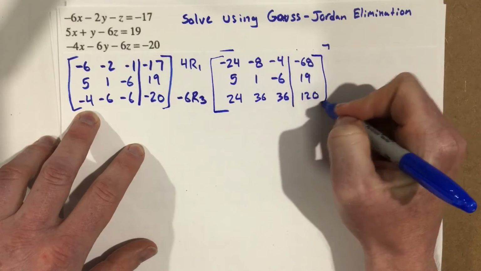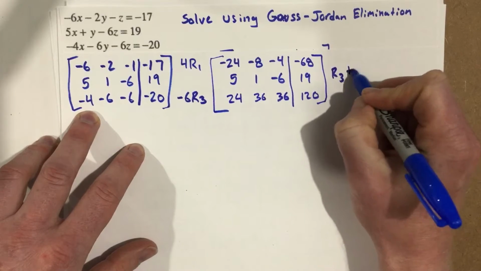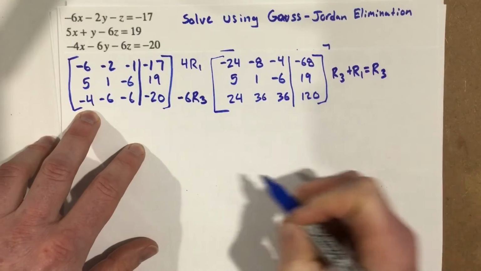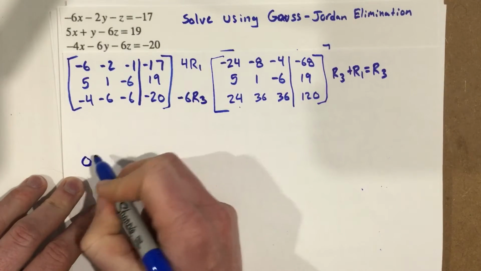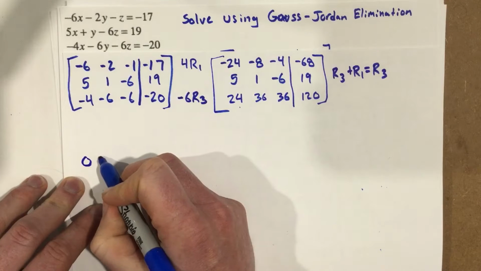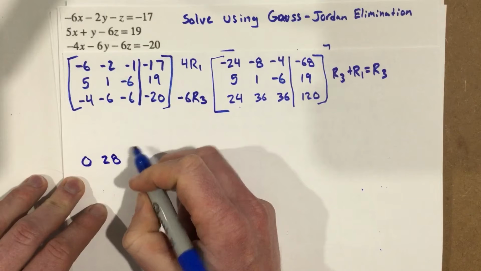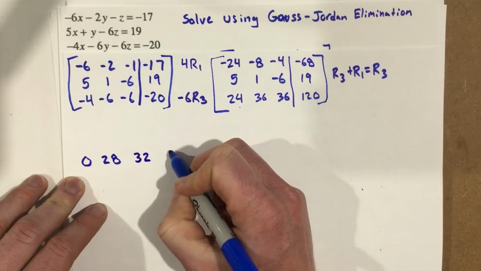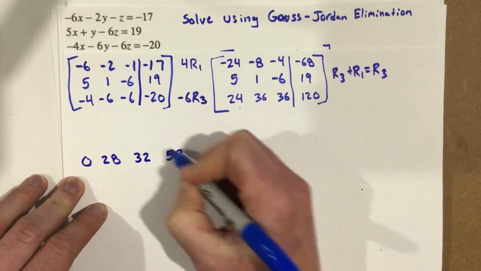Now we want to add row 3 plus row 1, and we want it to be row 3. So let's go ahead and add those together. We get 0, 28, 32, 52.